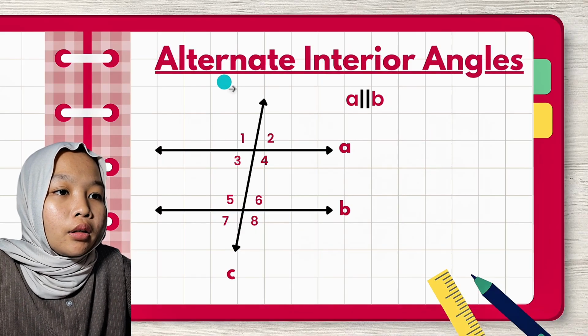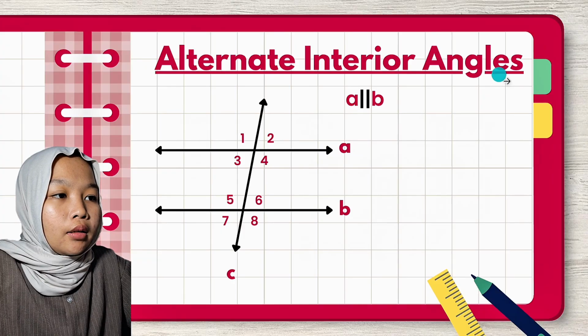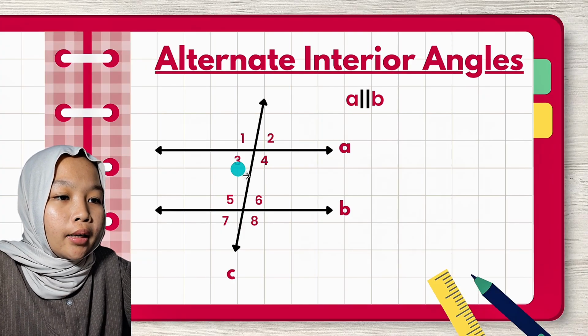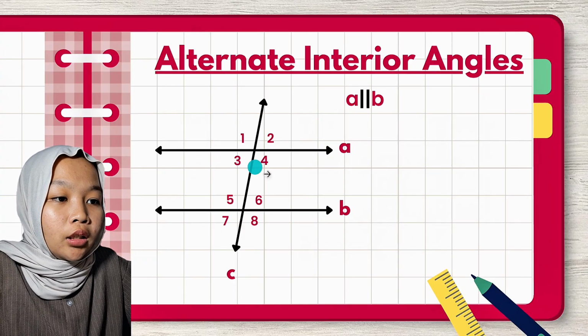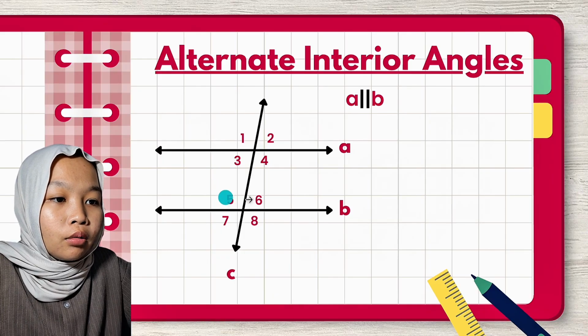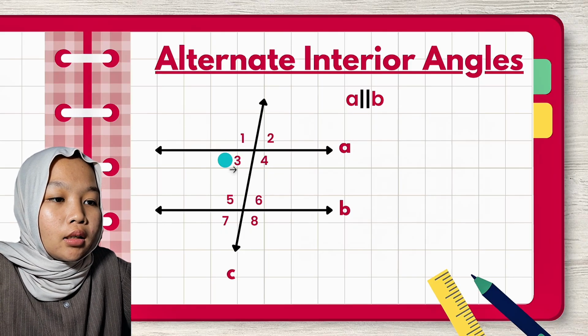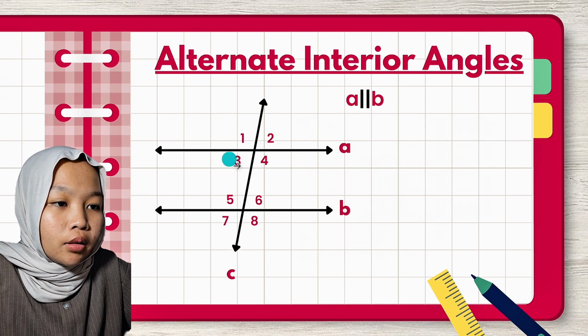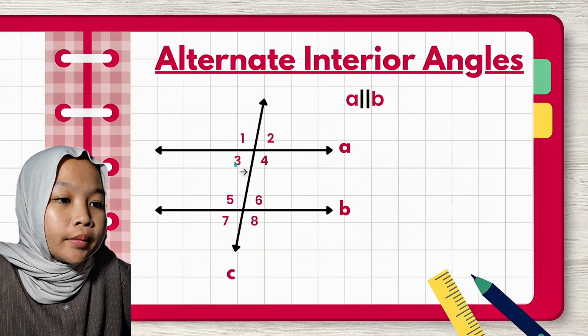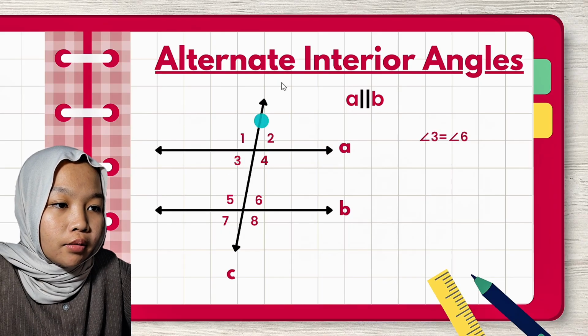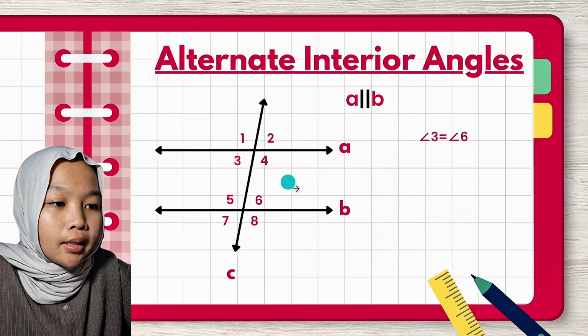Now we're going to talk about alternate interior angles. We know that the interior angles in here are angles 3, 4, 5, and 6. Now we find the alternate angles on the inside between angles 3, 4, 5, and 6. The first is angle 3 and angle 6, because angle 3 is on the left side of the transversal and angle 6 is on the right side of the transversal, and they are congruent.